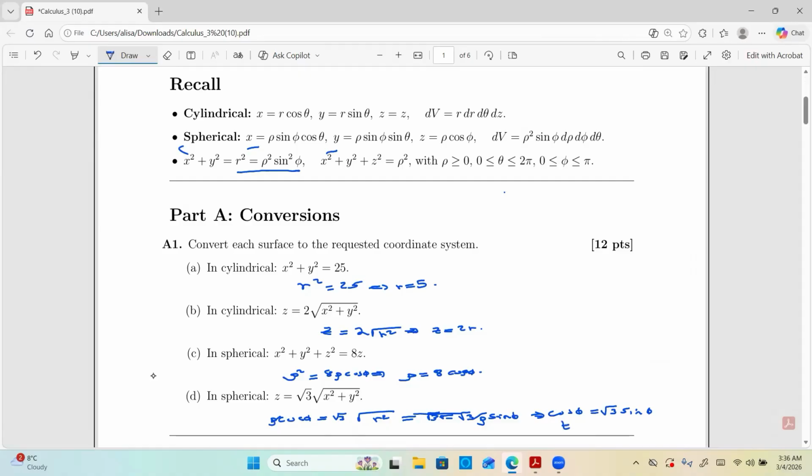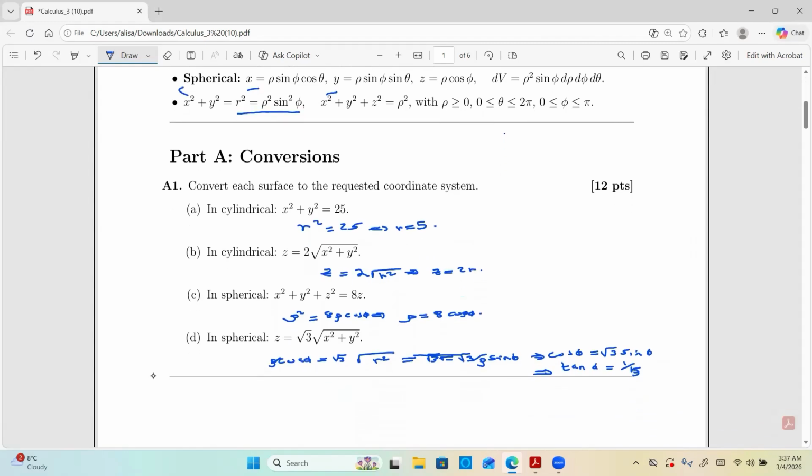If you rearrange, this means tan phi is 1 over square root of 3. And thus you can find what phi is. Phi in this case is pi over 6, by taking arctan, for example. So this finishes the answer for this one.